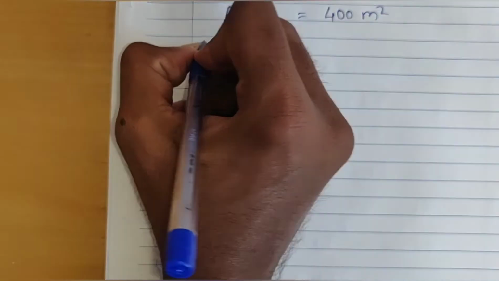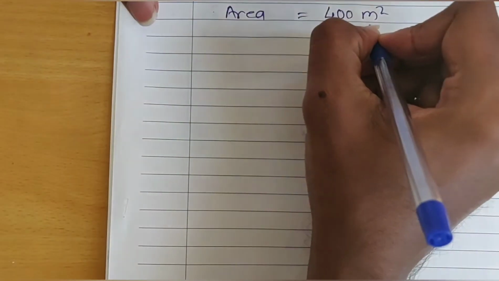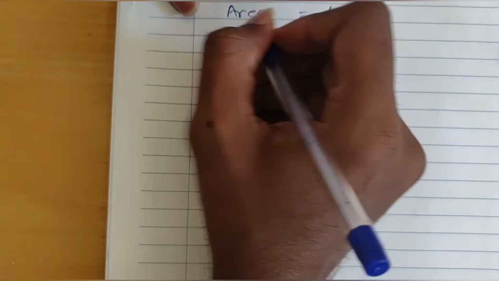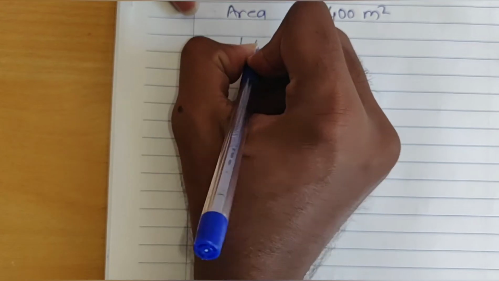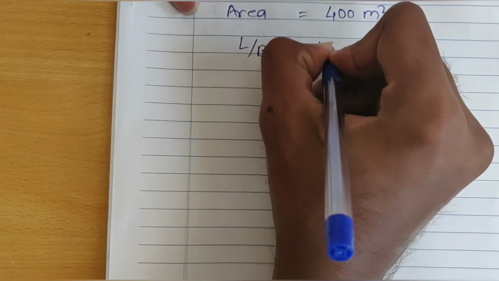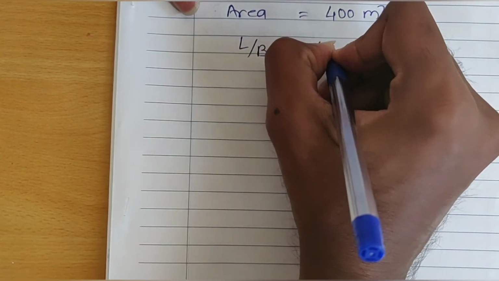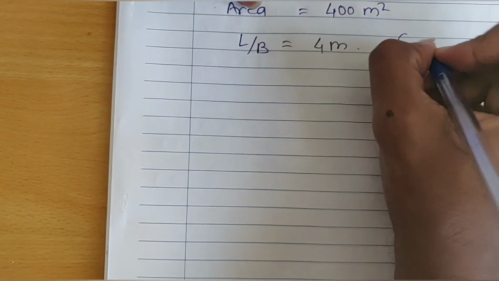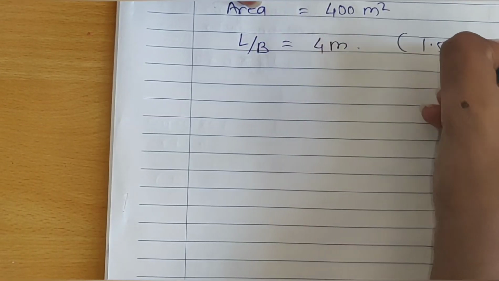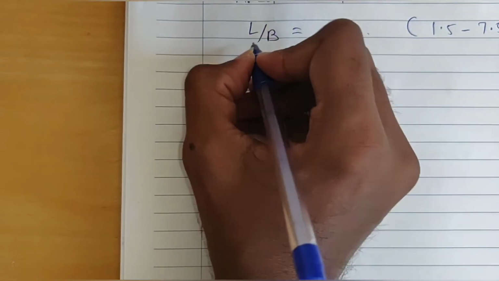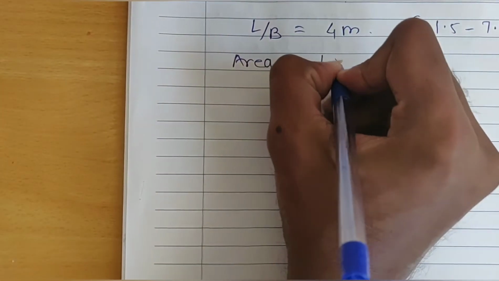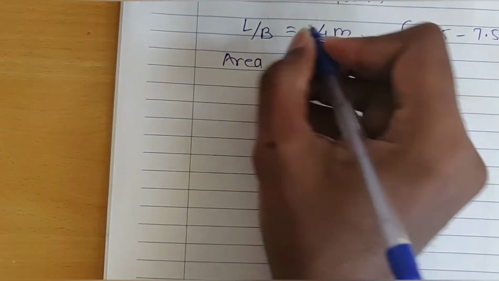Okay, here we have found the value of area and we don't know the value of length and breadth, so let us assume the L by B ratio as 4, and the range for the L by B ratio is 1.5 to 7.5. Therefore area is equal to length into breadth.